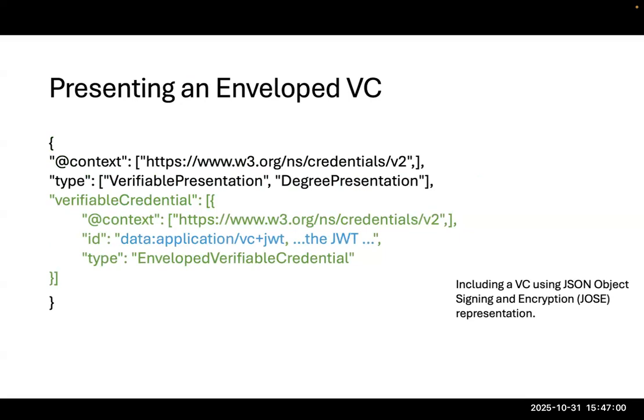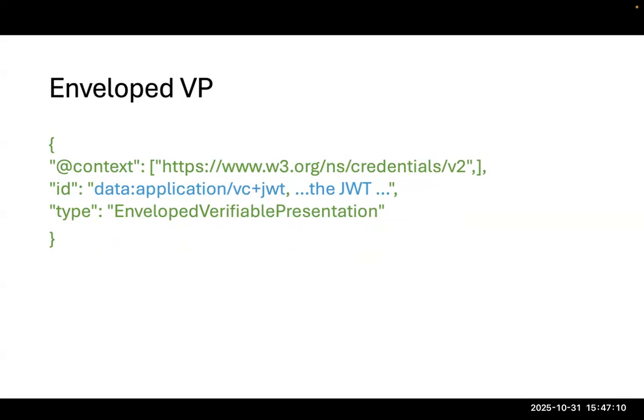And also you specify the type EnvelopedVerifiableCredential. You can also envelope the verifiable presentation and use the JWT as in the previous example. For example, the IOTA identity framework uses JWT format for verifiable credentials and presentations.